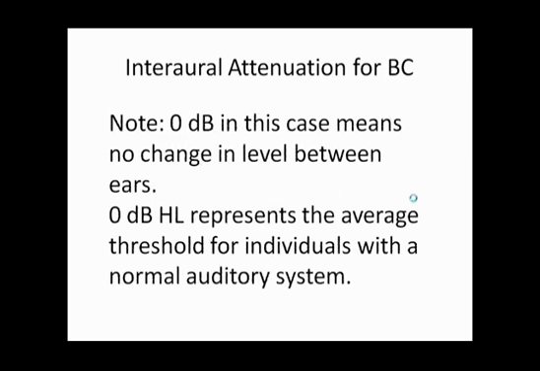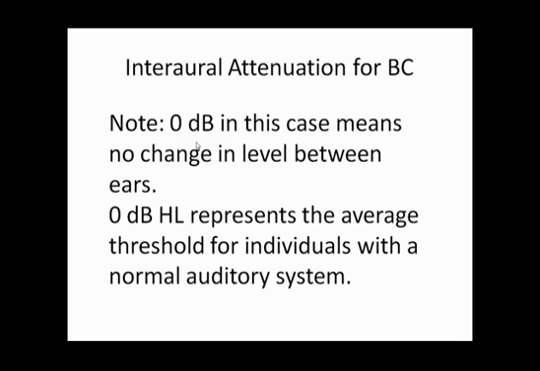But know this: 0 dB in this case means no change in level between ears. 0 dB HL represents the average threshold for individuals with a normal auditory system. So notice 0 dB, and then it doesn't say SPL or HL after it. This one says 0 dB HL, and that represents a level. 0 dB with no other indicator represents a difference between two levels.